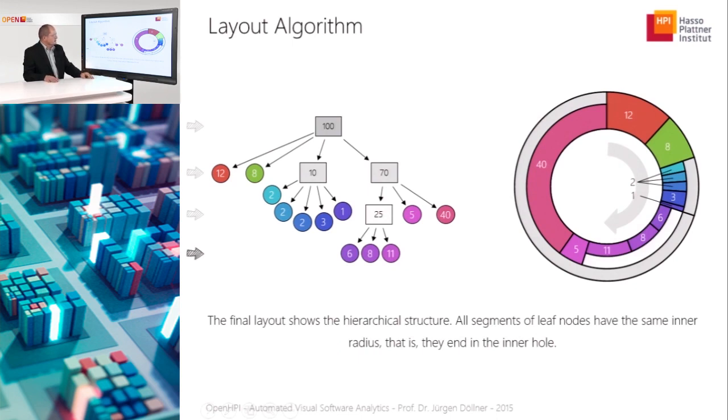And we end up with a recursively split ring. All leaf nodes connect to the whole. This structure also shows the hierarchy because the root starts outside and inner nodes are kept visible. These are the gray segments.